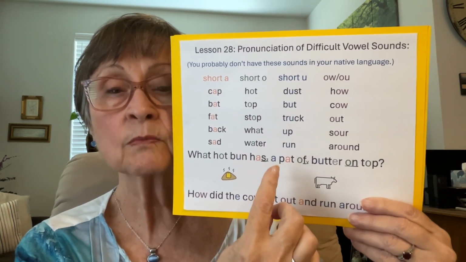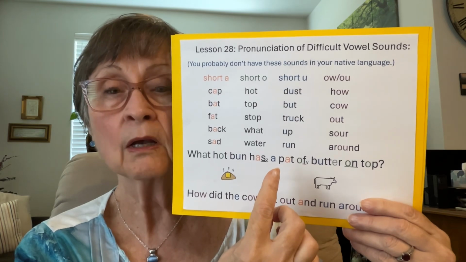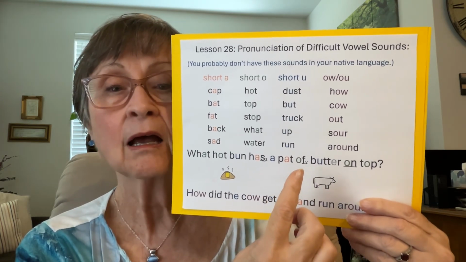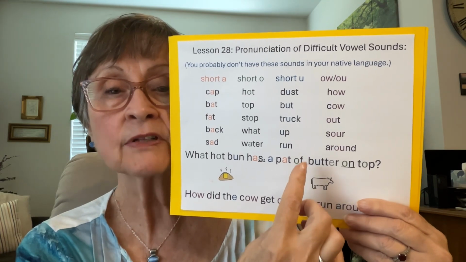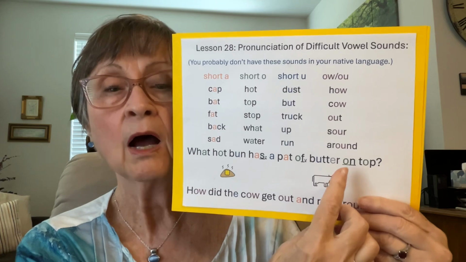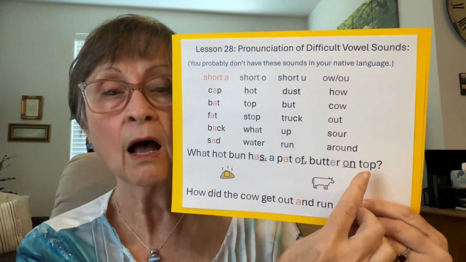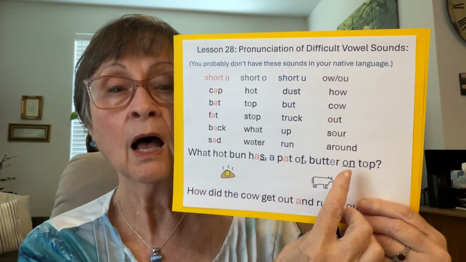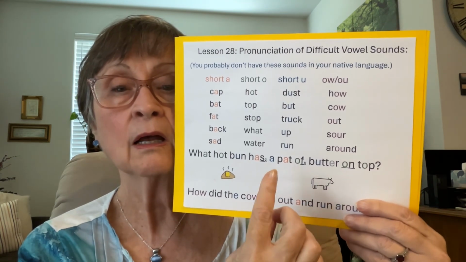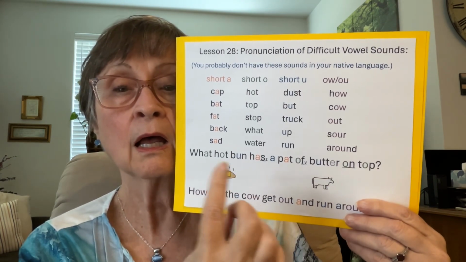Remember A, when it's before a consonant, often we just say pat, of, the F sounds like a V, of, butter, on, top. Oh, it's not in there anymore.